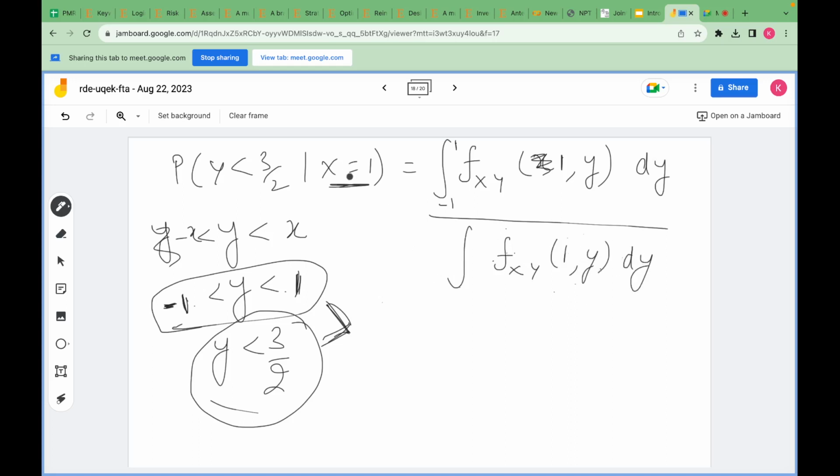Here x is 1, so y will vary from -1 to 1. Okay, so we can see that numerator and denominator are both equal, so this is equal to 1.